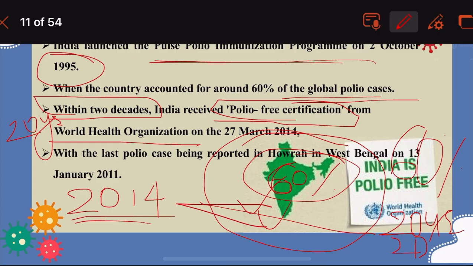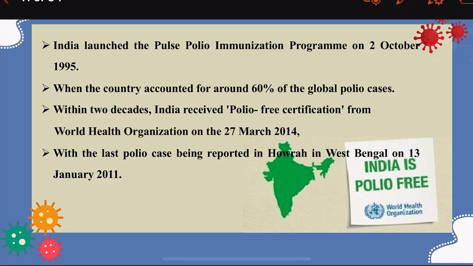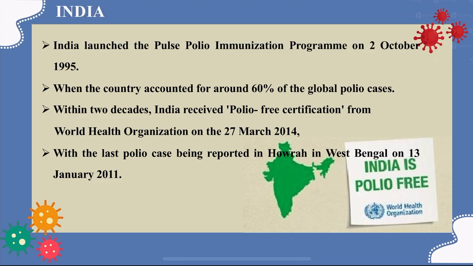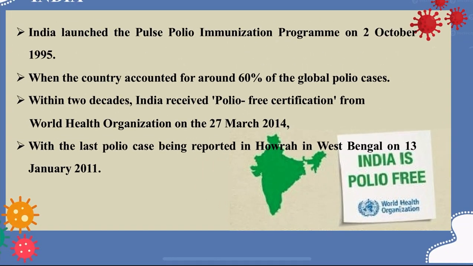India was certified as a polio free country by the World Health Organization in 2014. The last polio case was reported in Howrah, West Bengal on 13th January 2011. So it was declared polio free in 2014, but the last case was reported on 13th January 2011.